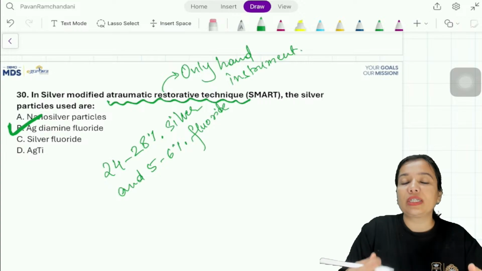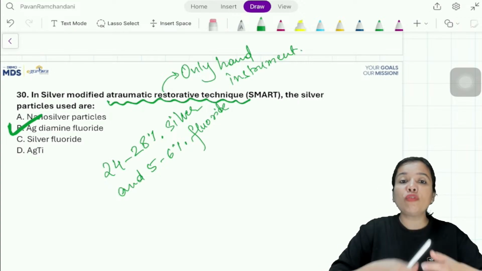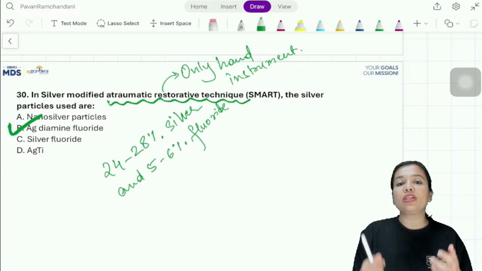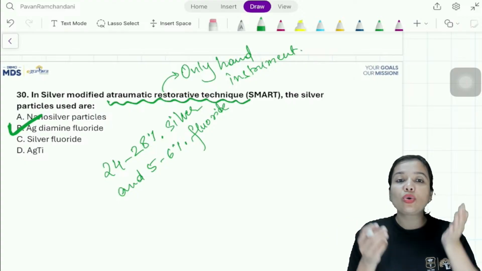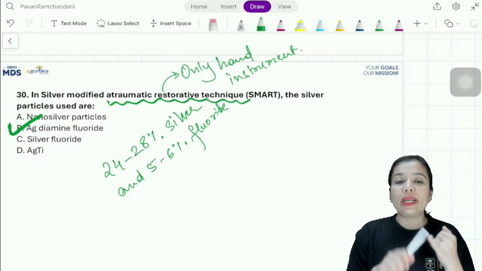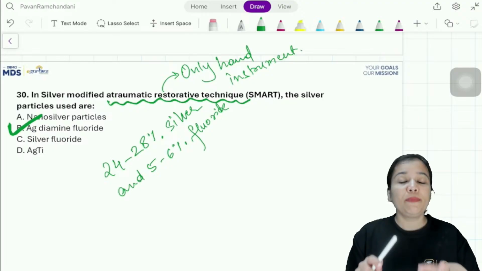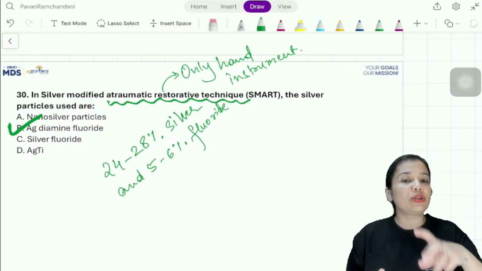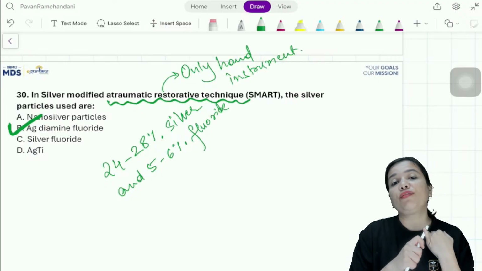So in such treatment camps, you do atraumatic restorative treatment where you remove the caries as much as is possible with the help of hand instruments, and you restore them with a material, one that will help in arresting active caries that can be left behind, and two, materials that can stick to the tooth structure such as GIC. So that's one condition for ART.